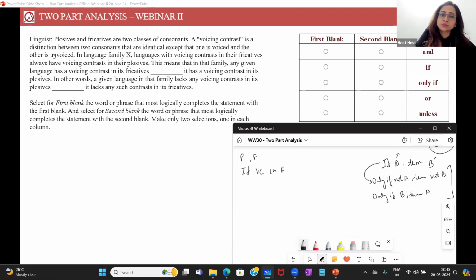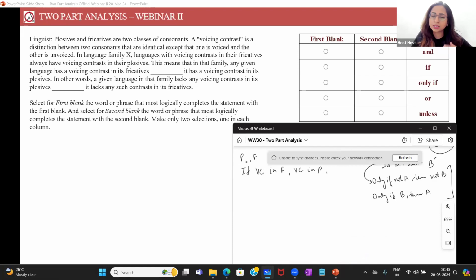If there is VC, voicing contrast, whatever it means, I don't care, in fricatives, then it implies that we will have voicing contrasts in plosives as well, in P as well. This is the statement that is given to me, and when I read this, I should write it in this form. Conditional form really helps me understand the statement very well. Now I know how to manipulate it, how to convert it to only if, and so on.